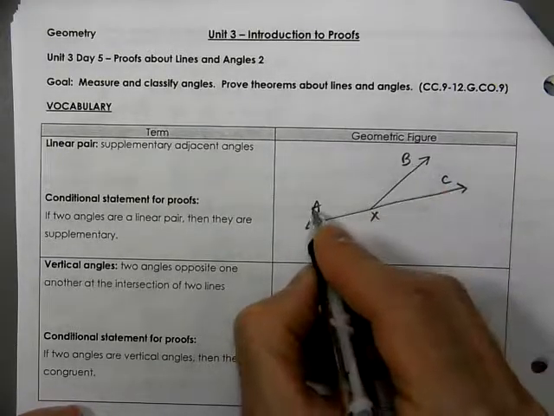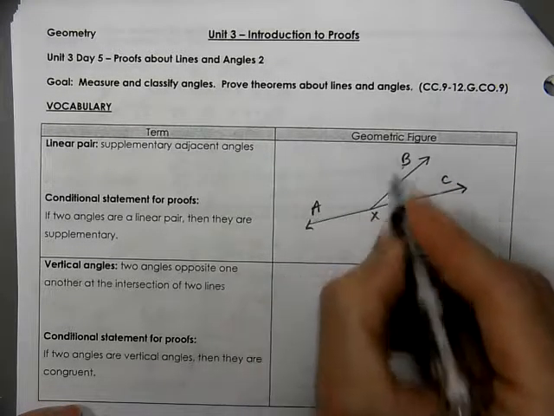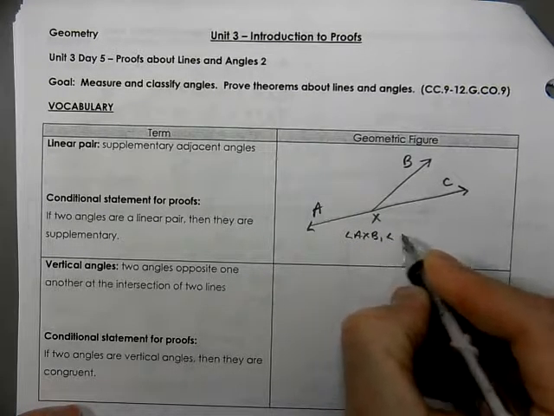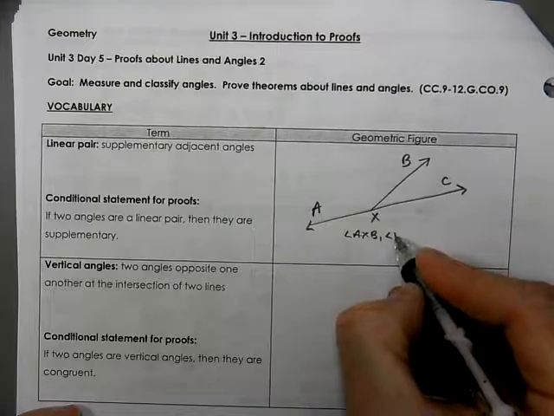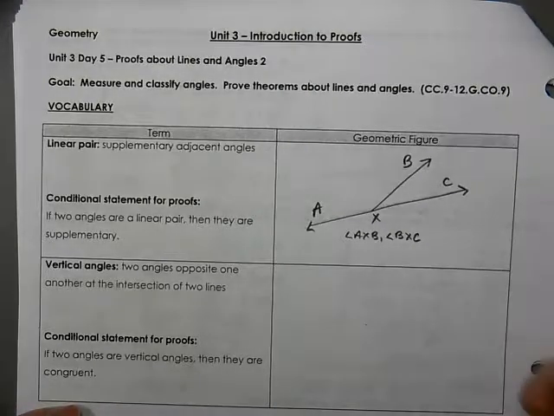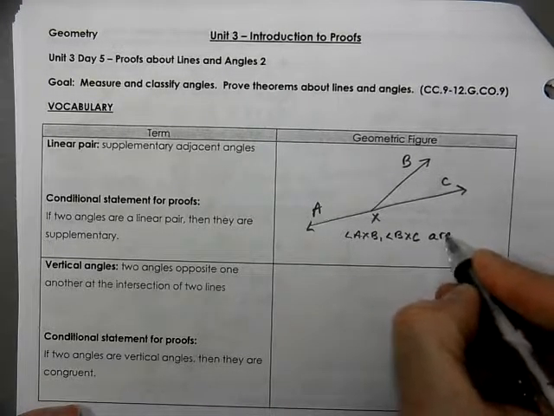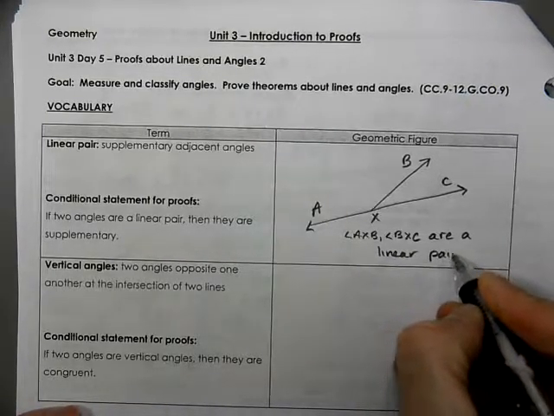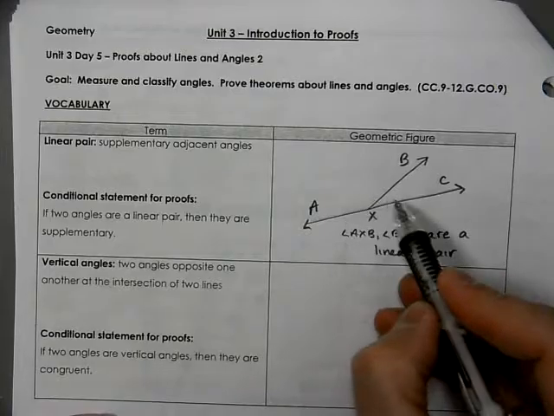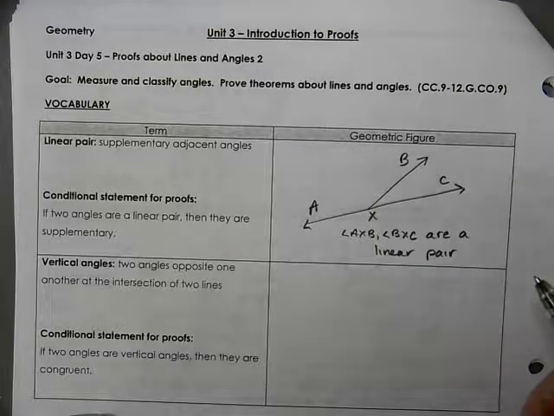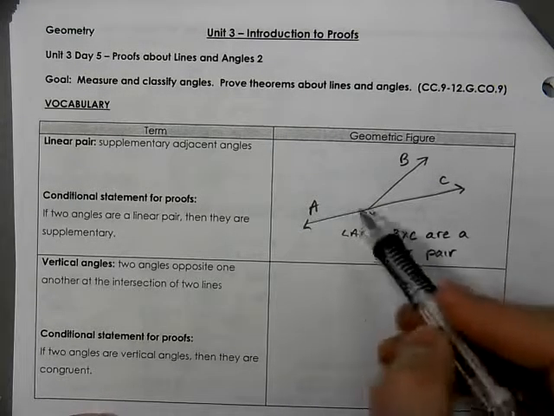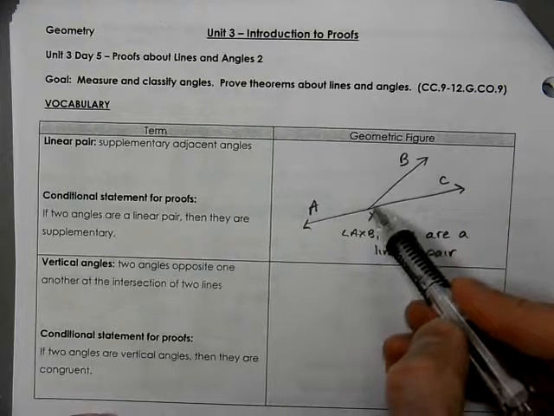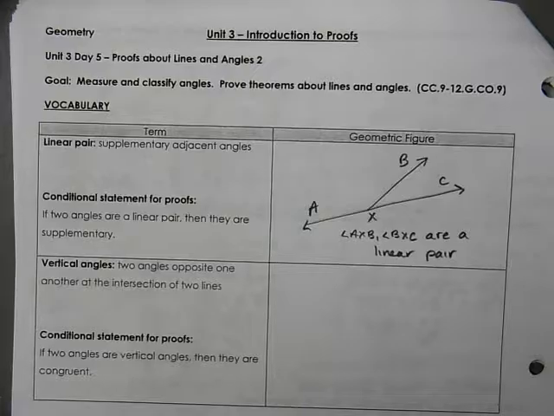So we know that angle AXB, angle BXC are a linear pair because they're supplementary, they make up a straight line, and they're adjacent. They have a common vertex on a common side.